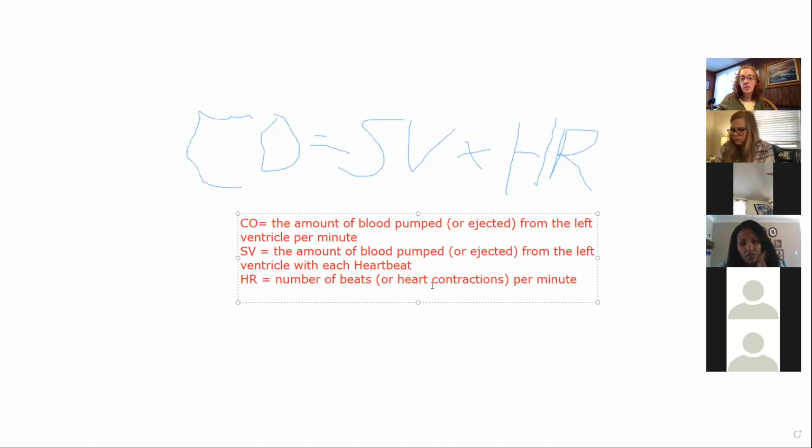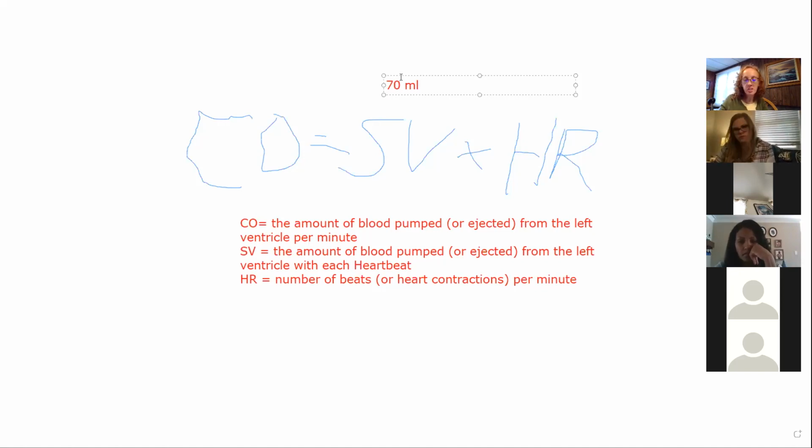So what this means is that if you typically have a stroke volume of 70 milliliters of blood, seventy milliliters of blood is your stroke volume.